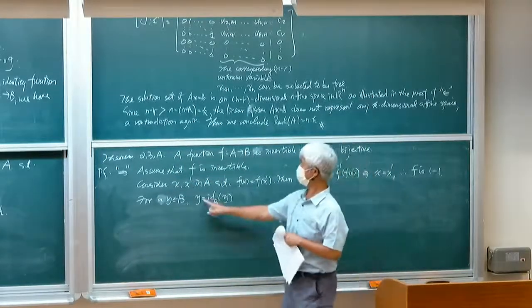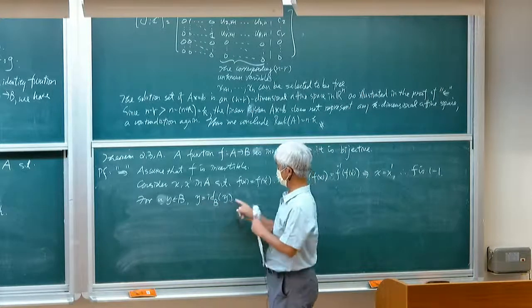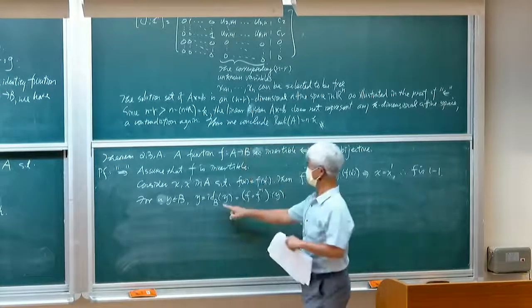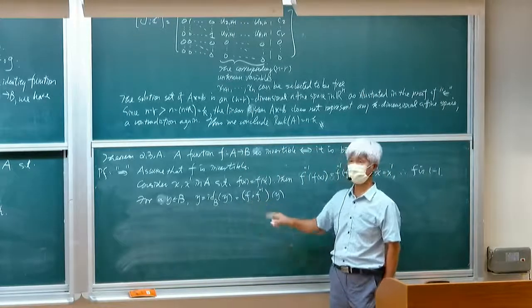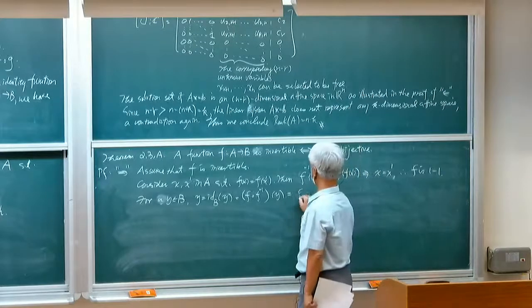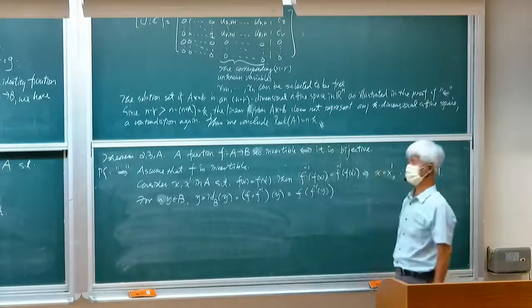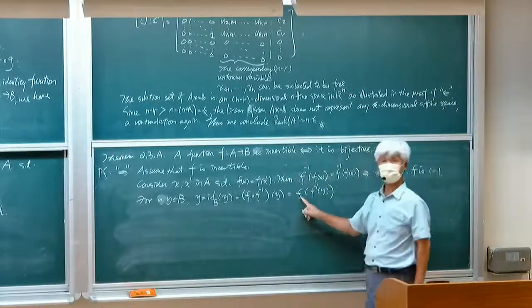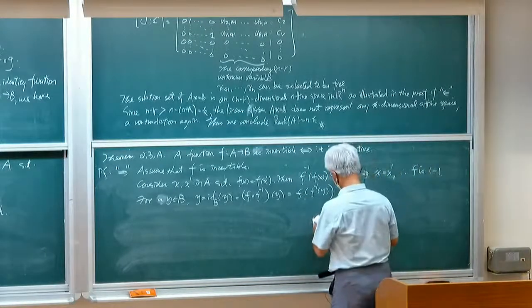So y is equal to the value of the identity at y, and identity function on B is equal to the composite of f and f inverse. So y is f of f inverse of y. So y is a function value at this element.